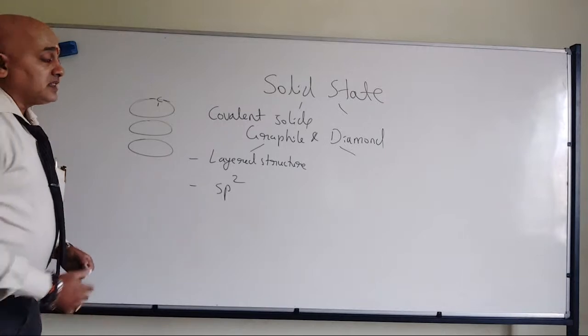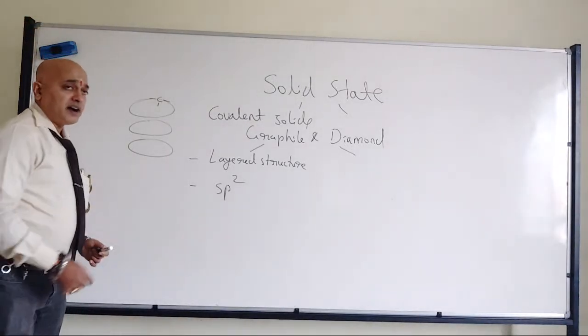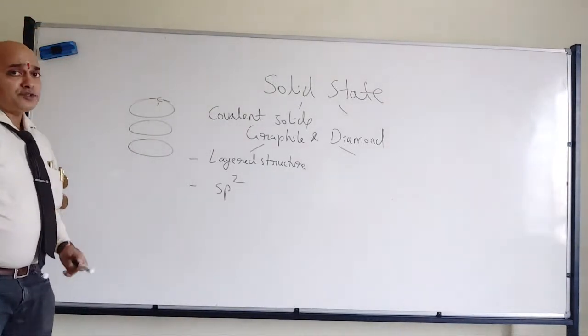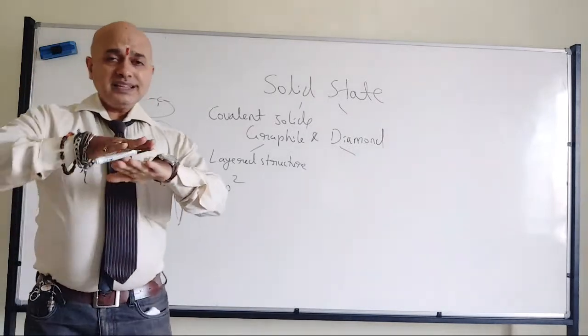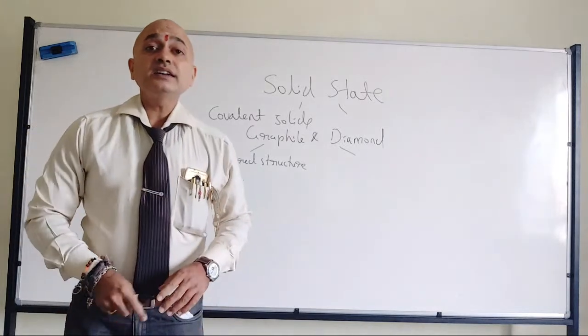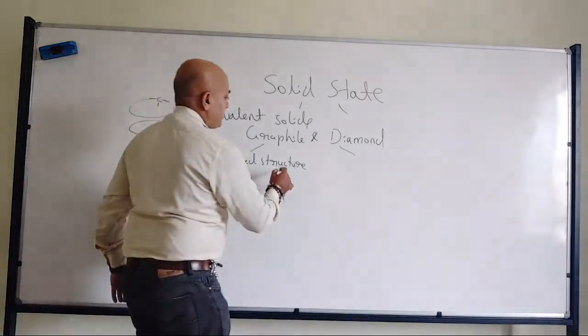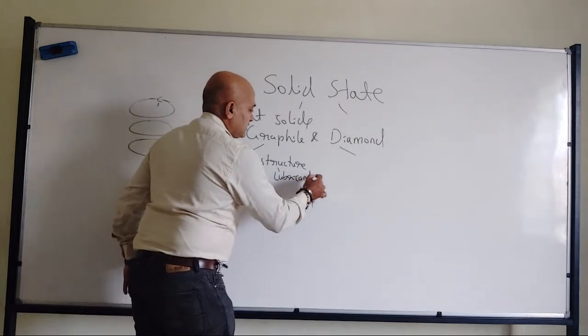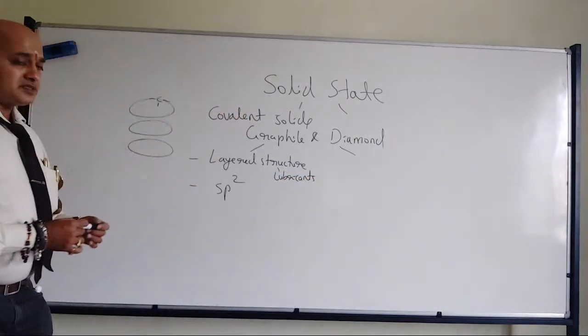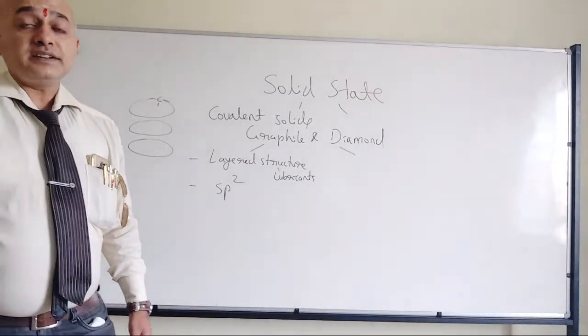Now, due to the formation of the layered structure, graphite can be slippery. One layer can slip over another layer. So, due to this property, it will be used as a lubricant.